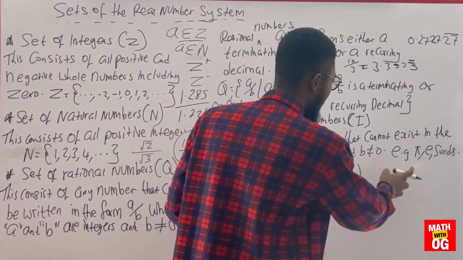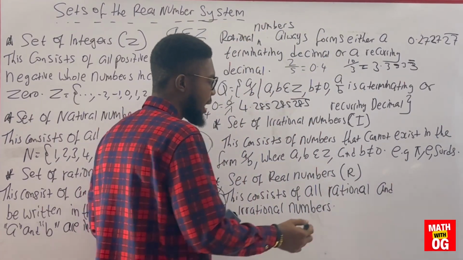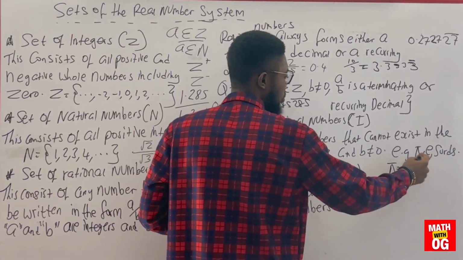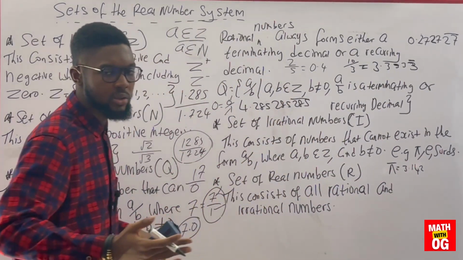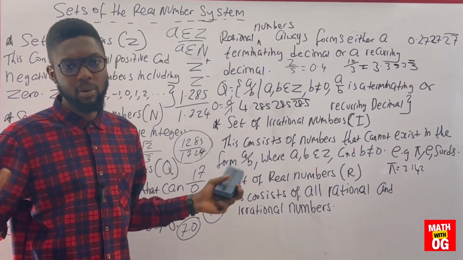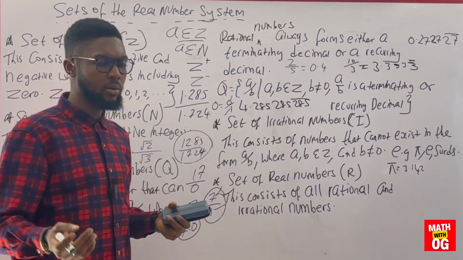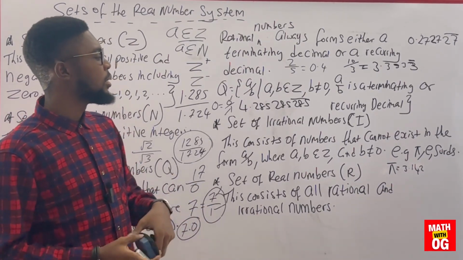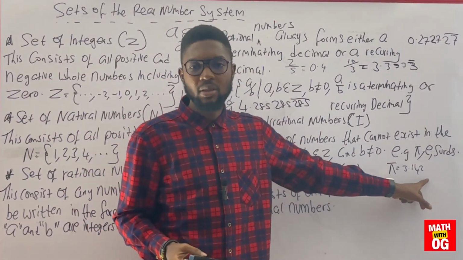So examples, you have your pi. Your pi, you punch it on your calculator, is equal to 3.142, so many values, to the extent to which your calculator can calculate its decimal points. When you get an advanced calculator, some can calculate up to 20 decimals, 30 decimals, 40 decimals, but your pi does not terminate.